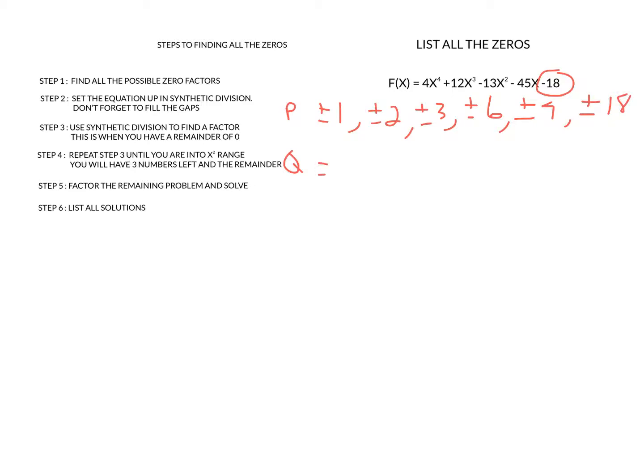Q values are going to be plus or minus 1, plus or minus 2, plus or minus 4. Wow, this one's going to be super fun because we're going to have three fractions here. We have 1, we have it with the 2, and we have it with the 4.